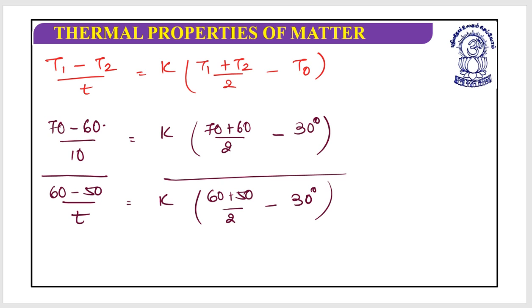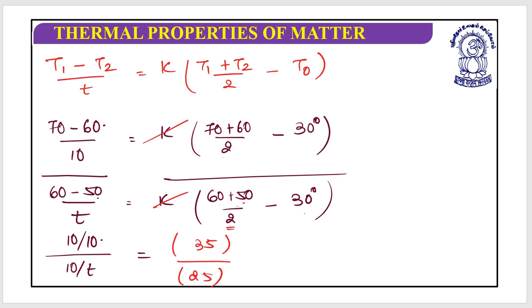So this is 70 minus 60, it's 10, divided by 60 minus 50, it's 10, divided by T. This is K, and K has gone. And 70 plus 60 is 130 by 2, it's 65, minus 30, it's 35. Divided by 60 plus 50, it's 110, by 2, it's 55, and 55 minus 30 is 25.